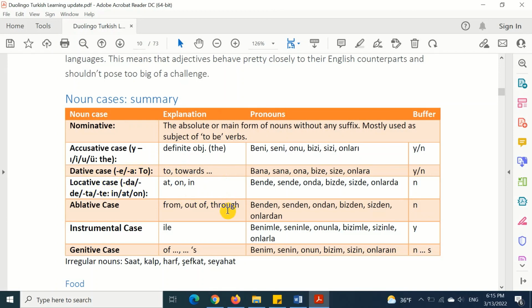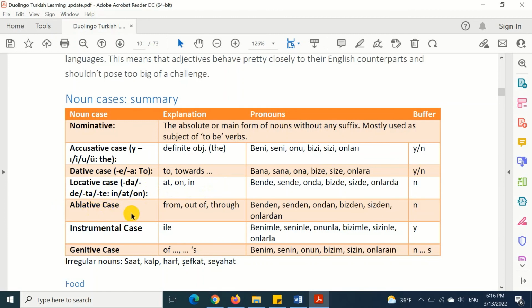Locative case, whenever the noun functions as a location, describes a location, so we use locative case and we add the suffix da, de, ta, te. We know them, they are changed because of vowel and consonant harmonies, sound harmonies.